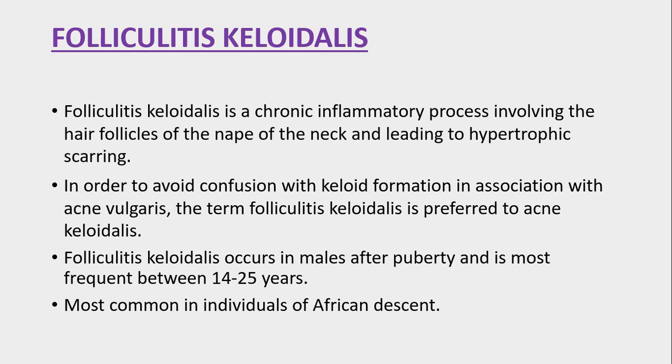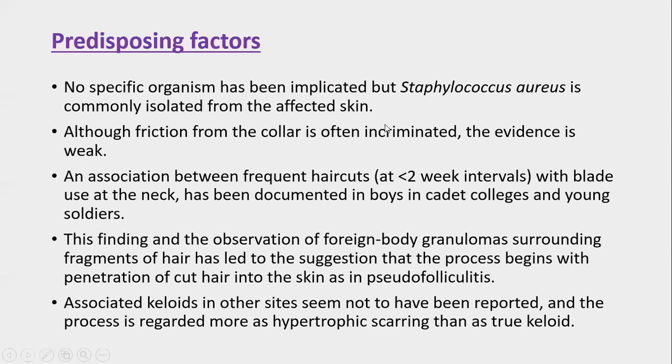Folliculitis keloidalis is a disease of males, of course, after puberty, and the most frequent age is 14 to 25 years. It is again seen commonly among those of African descent. Predisposing factors: there is no specific organism involved, but still Staph aureus is the most commonly isolated organism.